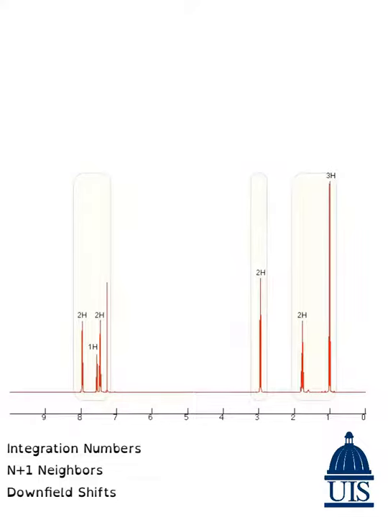The next thing we are going to look at in our spectra analysis is proton NMR. And the first thing we're going to do is look at our integration numbers. So these are the numbers directly over each of the peaks, which I've highlighted in gray.